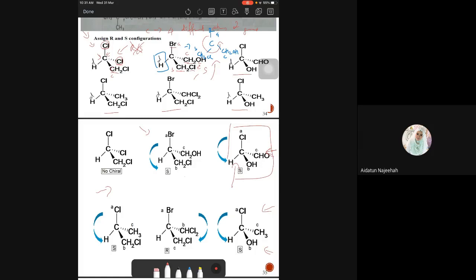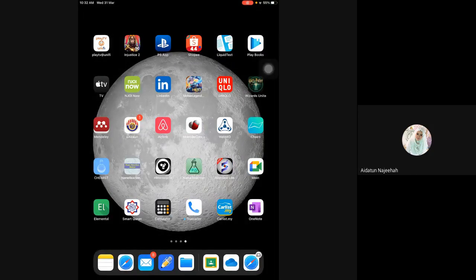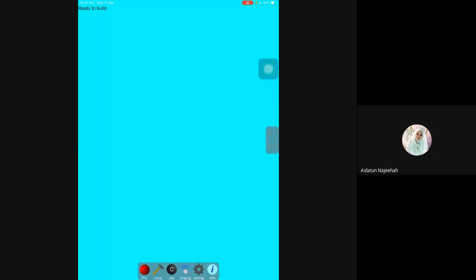It's free. If you don't have it on your computer, if you have your tablet, you can see mine here, right? I'm using this one. This one also is free, molecular orbital, in which you can select, let's see, carbon, and you can have another carbon. Let's see, you want to create hydrogen.